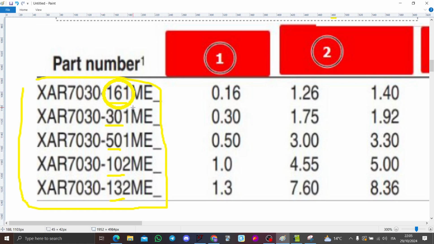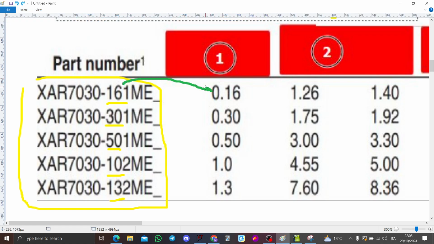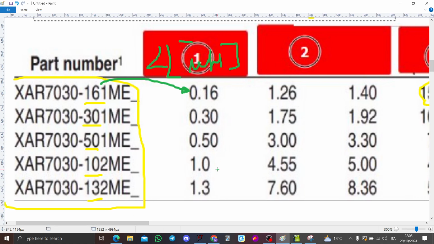So this 61 can probably relate to the inductor value. So the first here will be probably the inductor value L in microhenry. And this is the main value, and most of the time they will put it first.